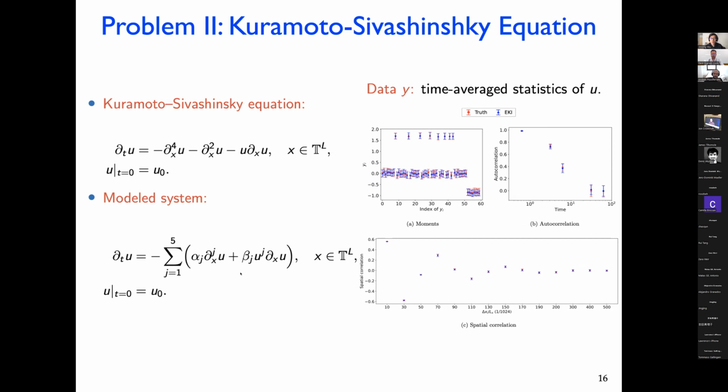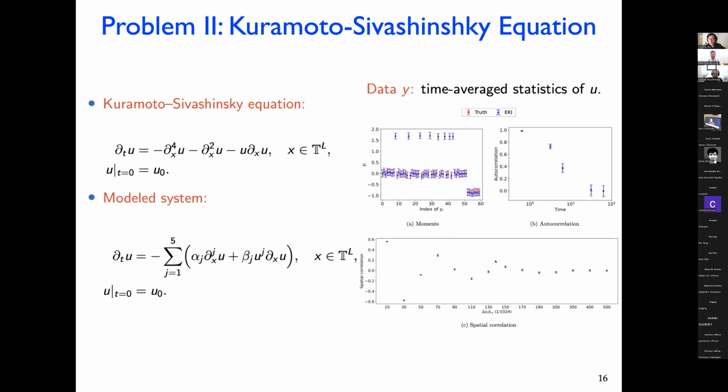The general goal is to use some time average statistics of u, the state variable, to learn the unknown parameters alpha j and beta j. Here we present the results in data space. The time average statistics we use are some moments of u and also autocorrelation of u and spatial correlation of u.